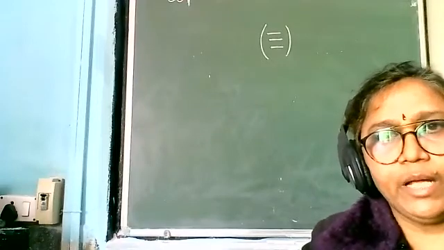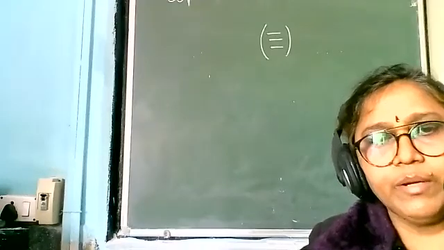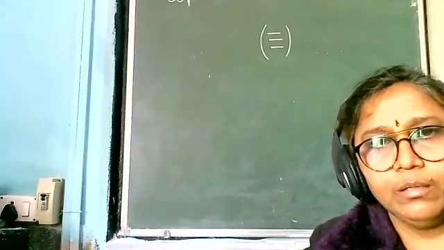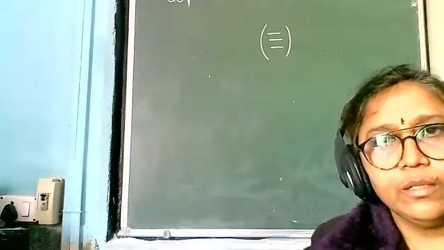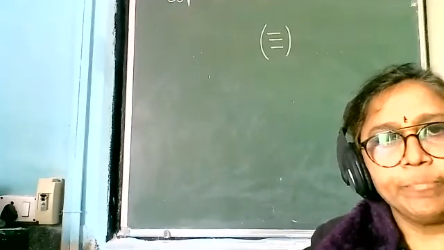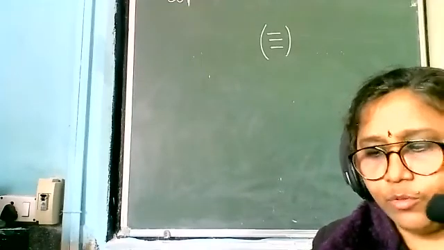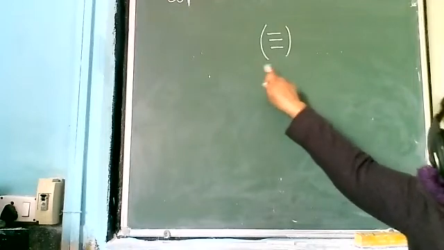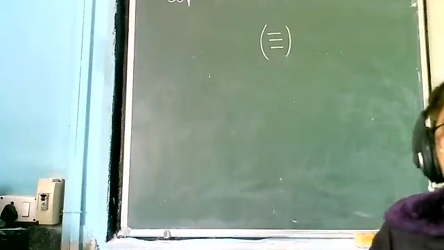I repeat, sharing of 3 pairs of electrons between 2 or more atoms is called triple covalent bond, and it is represented by 3 straight lines, as I have shown on the board, between 2 or more atoms. They are also known as alkynes. Clear?